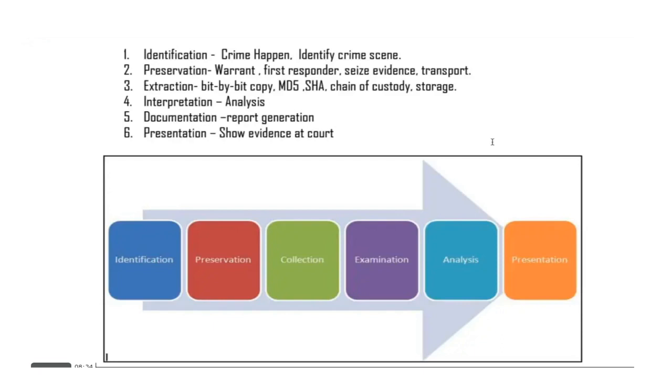So this will be transported to a lab, and in the lab what happens is the extraction part, which means the bit by bit copy. So bit by bit, all the hard disks and any other kind of evidence is copied in a lab, and these copies are maintained in chronological order. So the chain of custody is done, right?